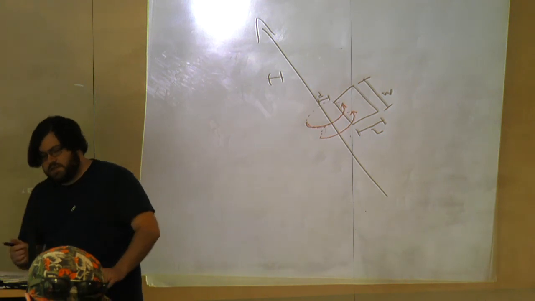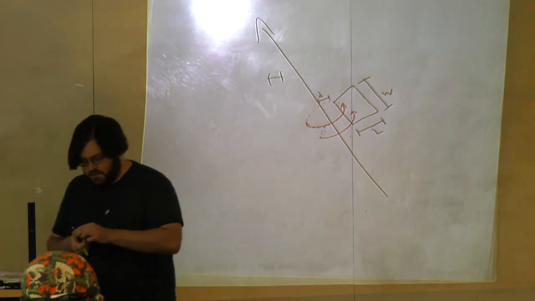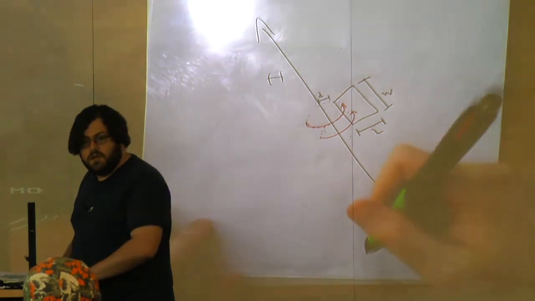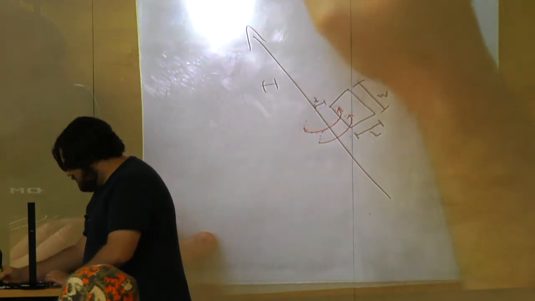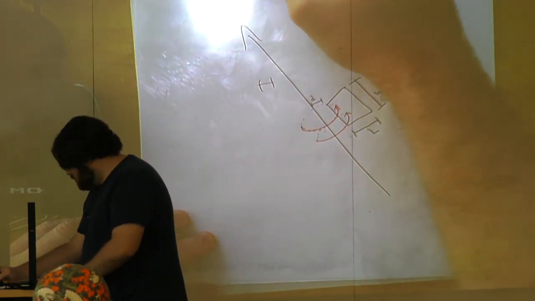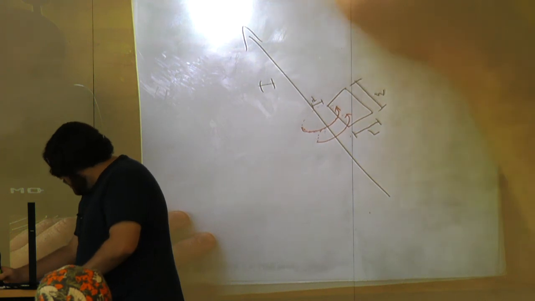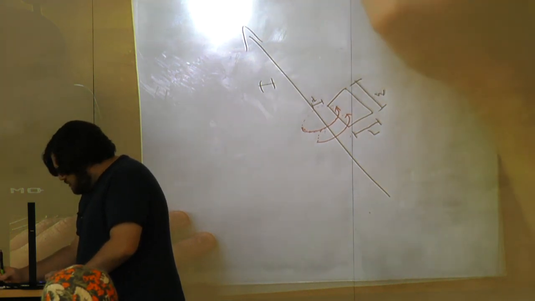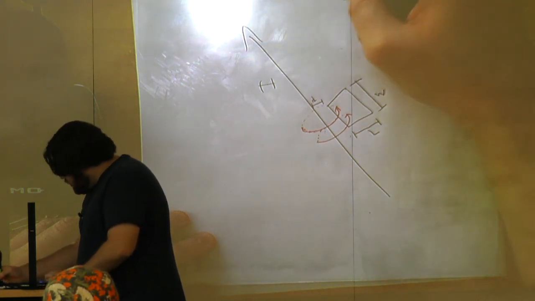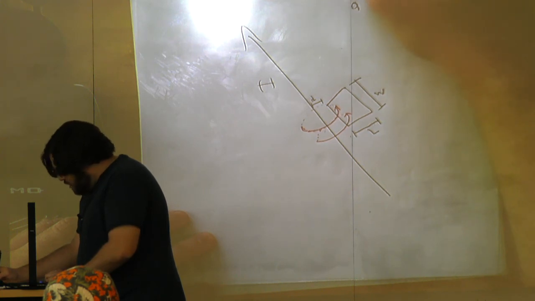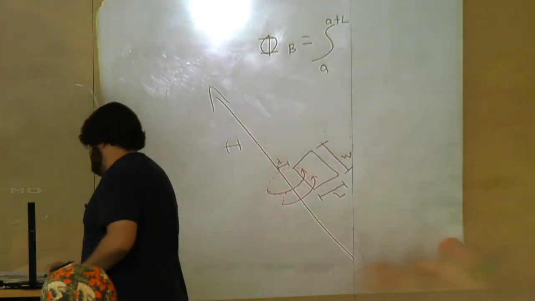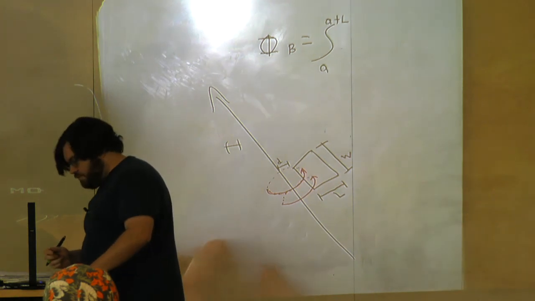Who here upon seeing this problem feels like they know how to do this? Yeah? Good. I don't have enough time to have you guys try to solve the problem, but I will do it for you.